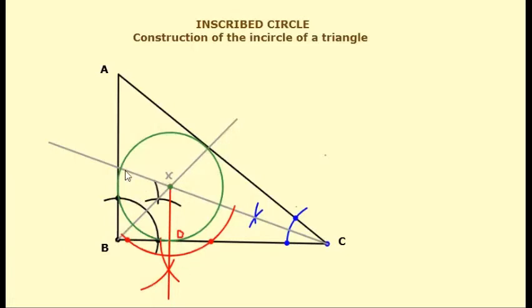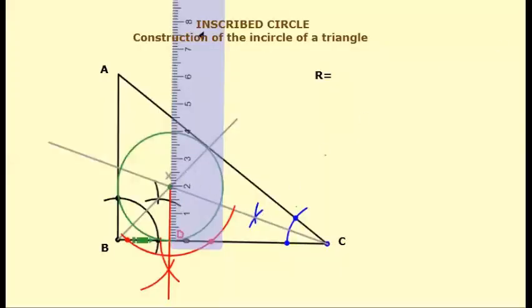Now you can see the incircle touches all three sides of the triangle, and we can measure it. In the questions, they ask you to measure the radius of the circle, so let's take the ruler and measure it. You can see the length of this radius is 2 centimeters.